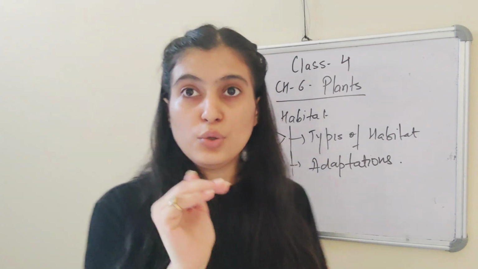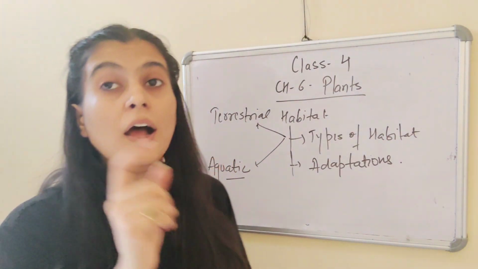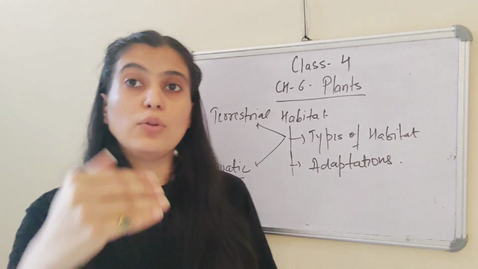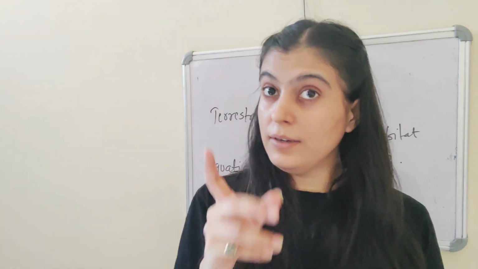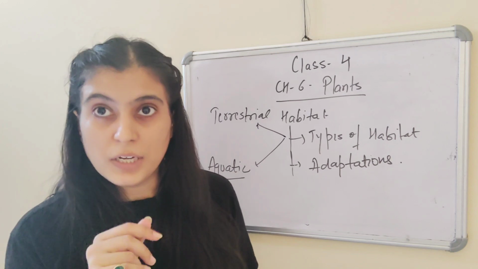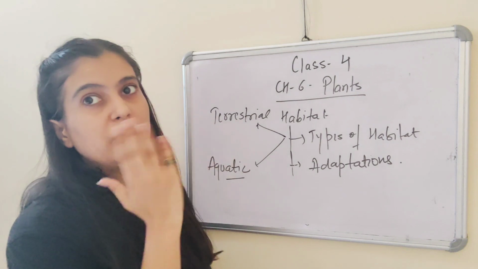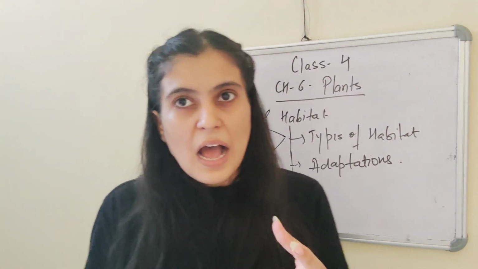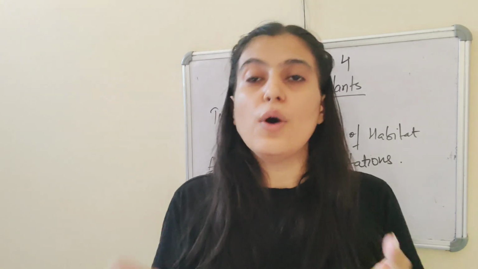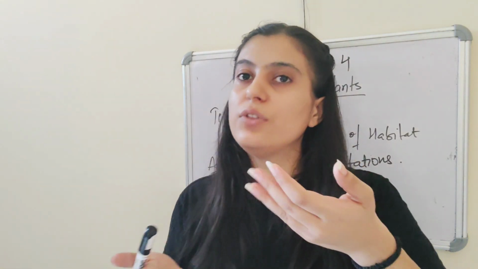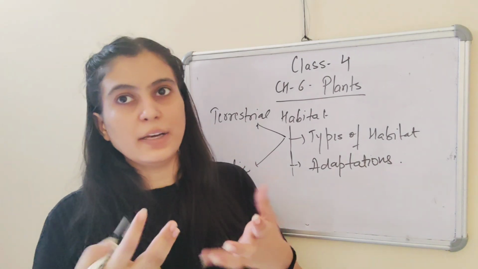So the plants growing in the mountain area need very low temperature, right? They need cold conditions to grow. And suppose we talk about the desert area, in the desert area there is water scarcity, but plants also grow there. There are different types of plants which grow in the desert which do not require much water. So with this we can say that plants require different conditions to grow and their natural habitats give them those conditions so that they can grow.